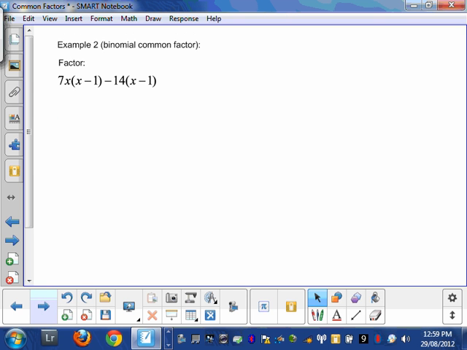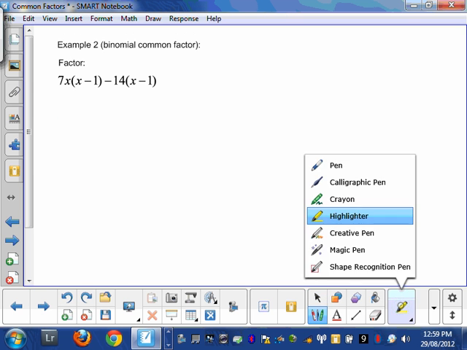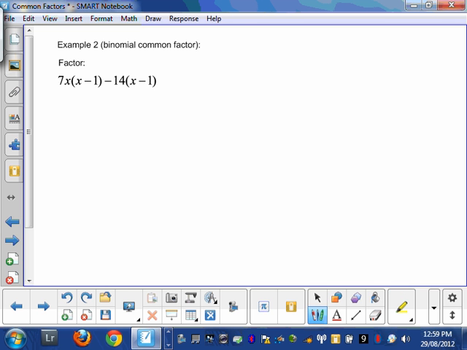Good. The next thing that we're going to do here, we're going to talk about binomial common factor. Okay, so what does it mean? Well, it means that the common factor will consist of two terms, and looking at this expression, I see that x minus 1 is a common factor in these two terms, so it means I can write it once.